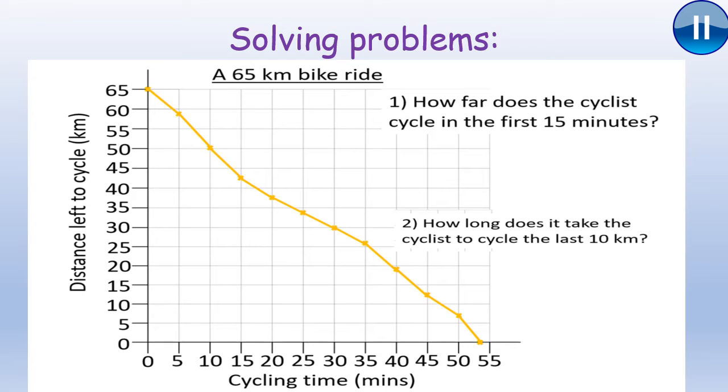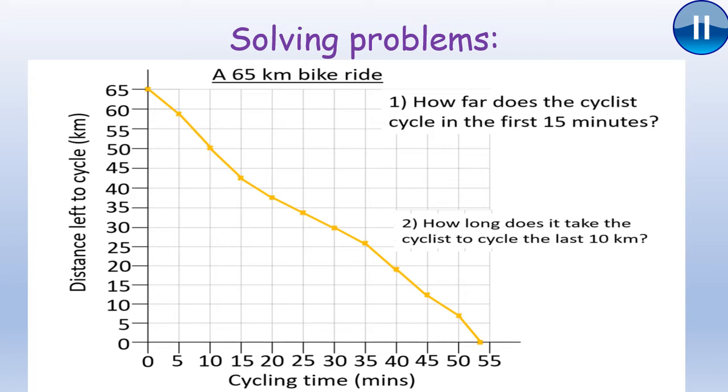Take a careful look now at this problem. The line graph shows us a 65-kilometre bike ride. The distance left to cycle is shown on the left-hand side. So at 65 kilometres, there's no distance left to travel.